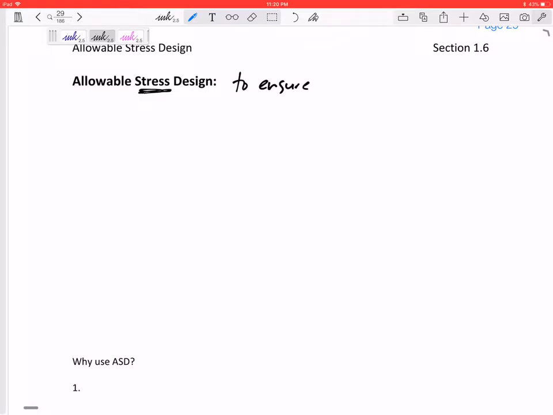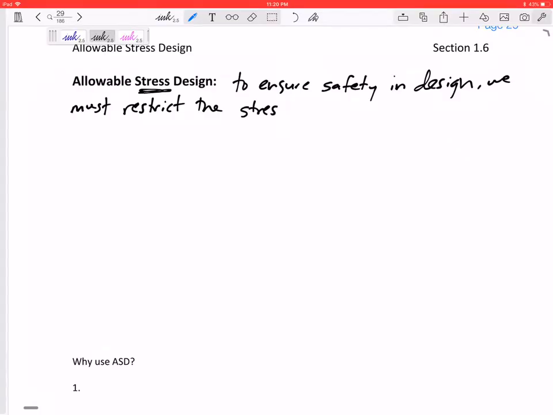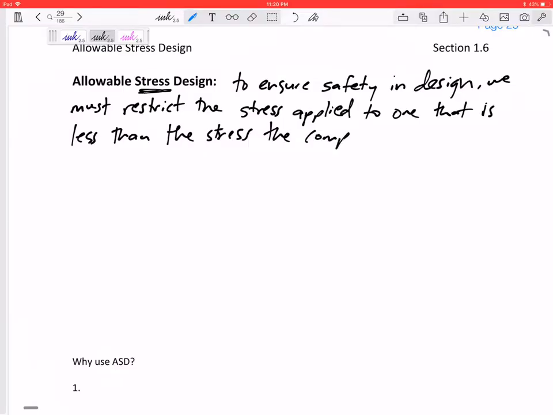To ensure safety in design, we must restrict the stress applied to one that is less than the stress the component can fully support.